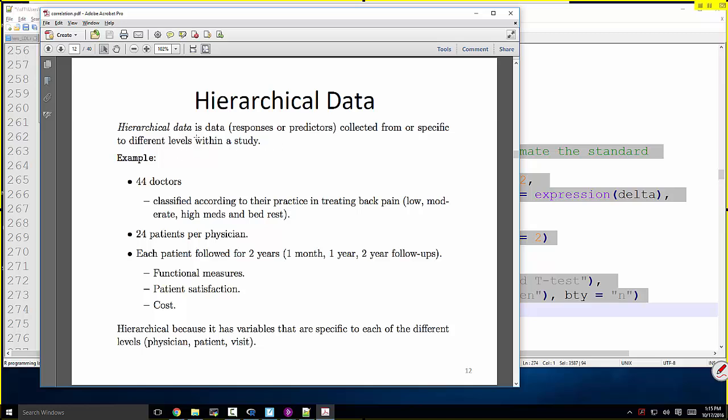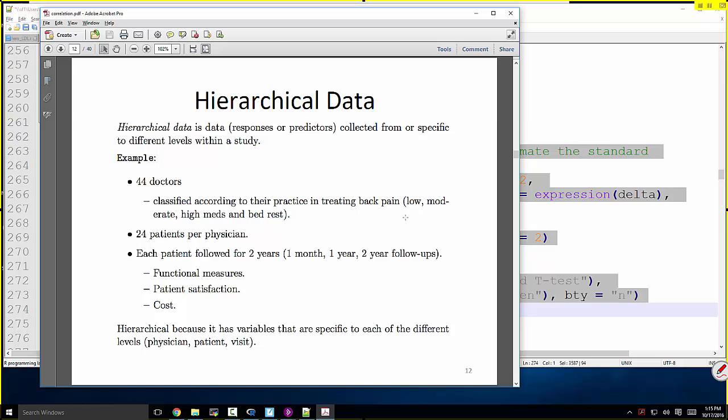So, for example, in a medical setting, this is one actual study, where there were 44 doctors, and each doctor was assigned to a particular level or group.